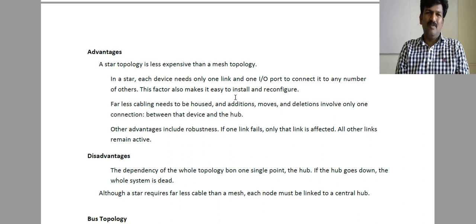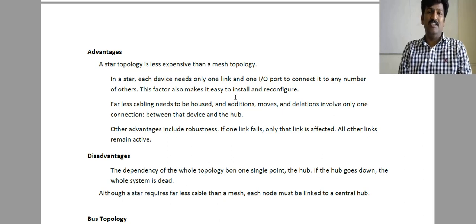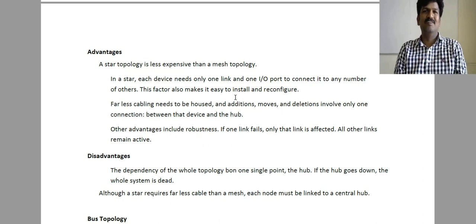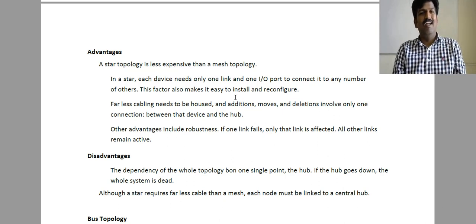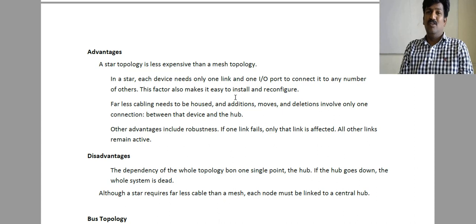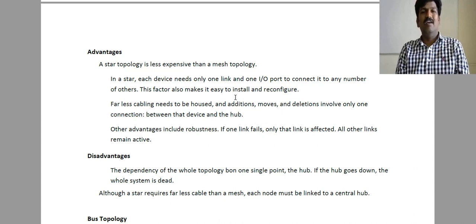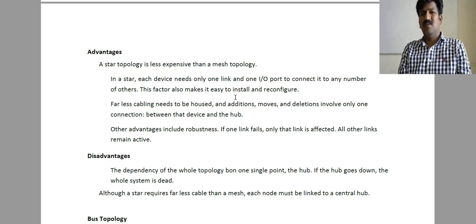In star topology, each device needs only one link and only one I/O port. It is enough to connect to the network through the central hub. It is very easy to install and very easy to reconfigure.